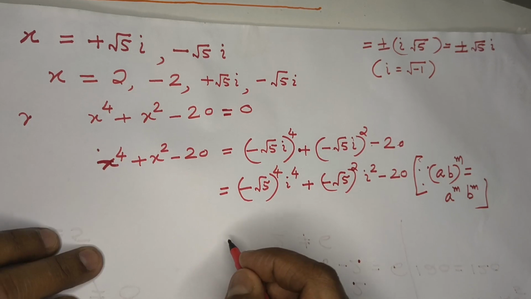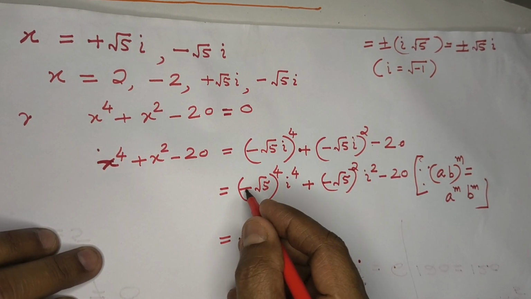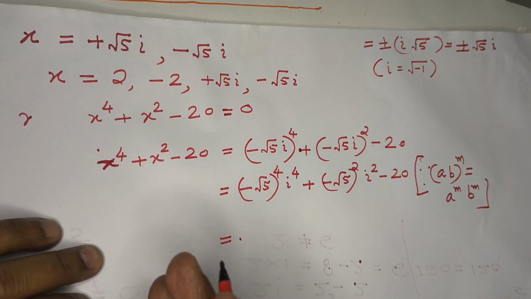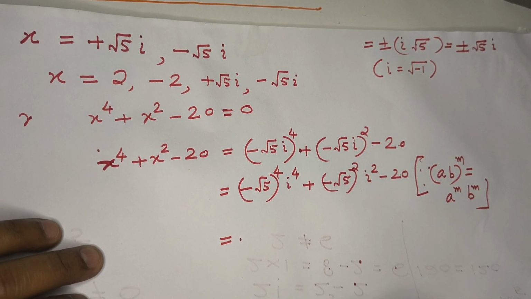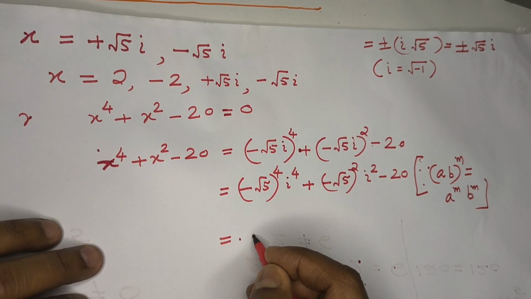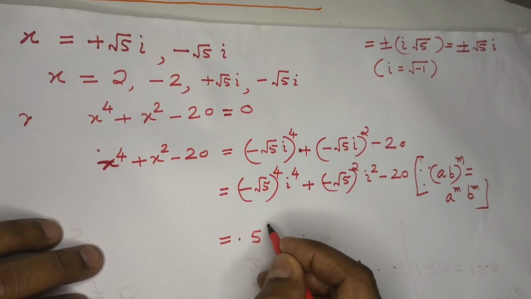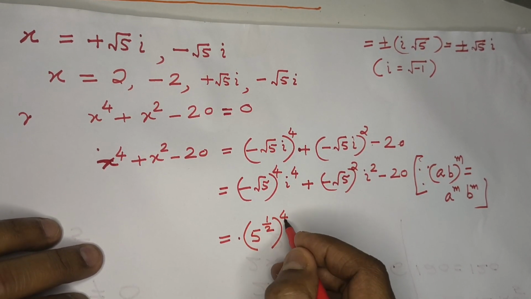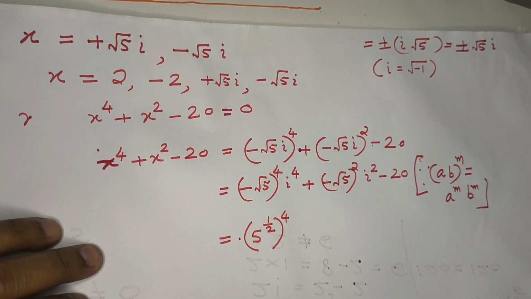In the next step, minus the whole raised to 4 means you're multiplying minus by itself 4 number of times, or even number of times, that will turn to plus. Again, root 5 is nothing but 5 power 1 by 2, the whole raised to 4, then I power 4.